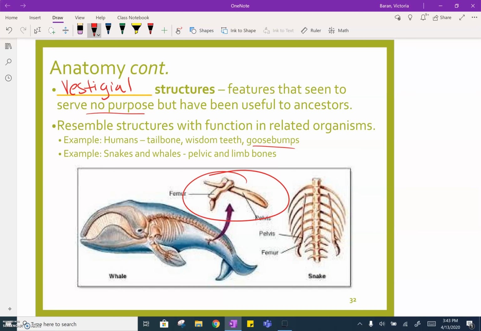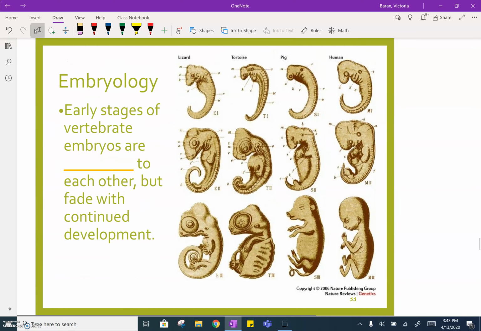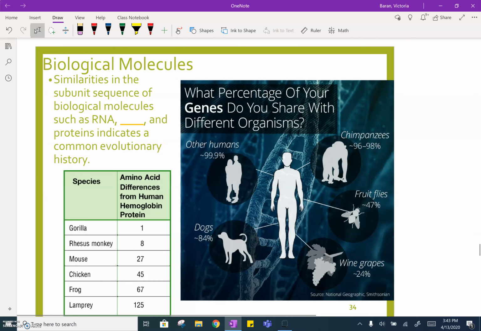In snakes, even though they don't have any arms or legs, they actually still do have a very small remnant of a pelvic bone if you look at their anatomy. And same thing with the whales. In the next video, I'll talk about the last 2 pieces for the evidence of evolution for embryology and biomolecules.